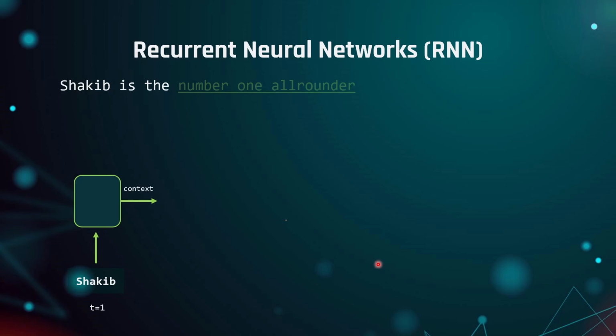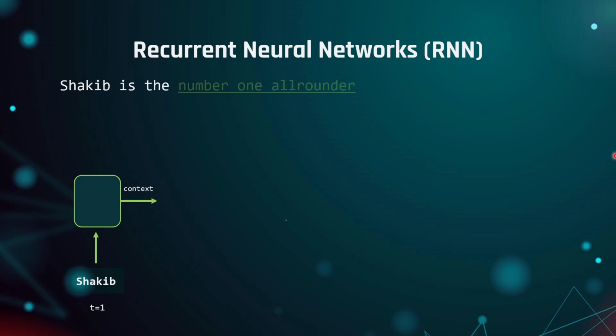This context is basically a memory of Shakib, right? So recurrent network বা আমাদের sequence to sequence model, it takes one word and it generates a context, right? Context is basically the memory of what it has seen previously, right?